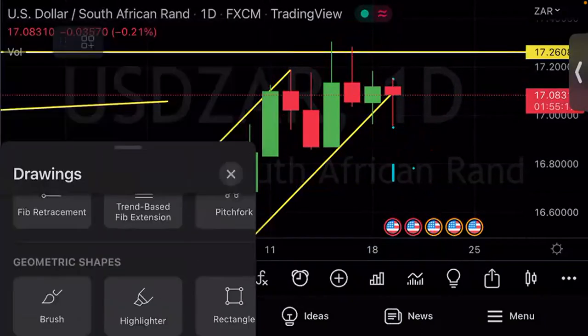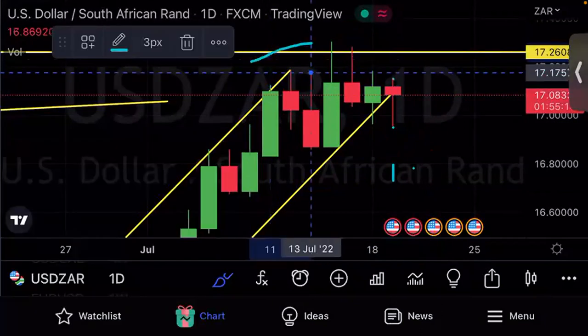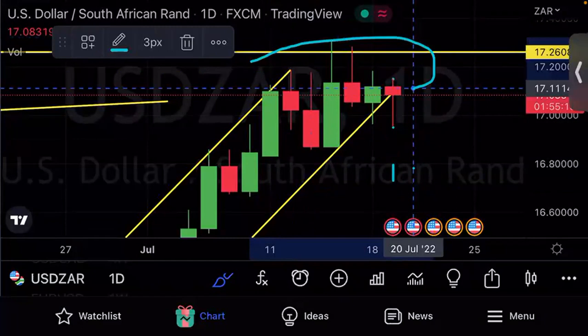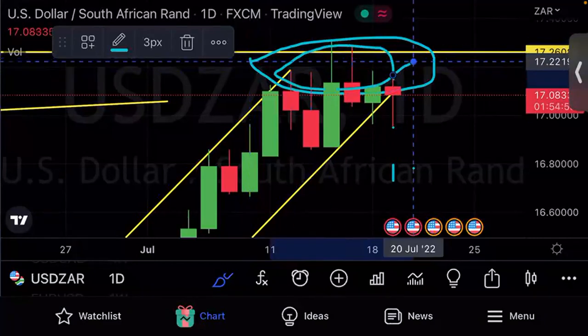When you are trading, you do not have to be a hero, guys. You do not have to be a hero. Catching the bottoms, the tops, being happy with sniper entries. Yes, you will make money, but what is important is consistency, guys. First, I want to see momentum, right?